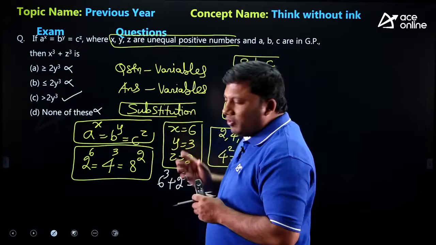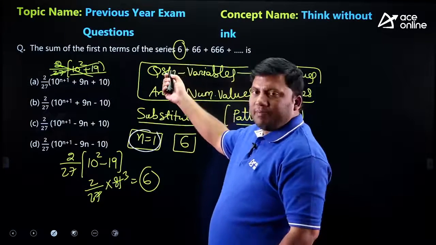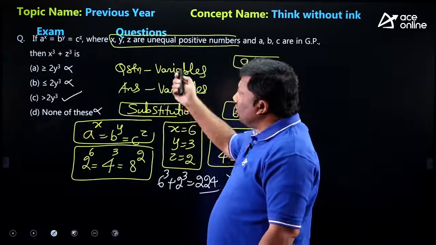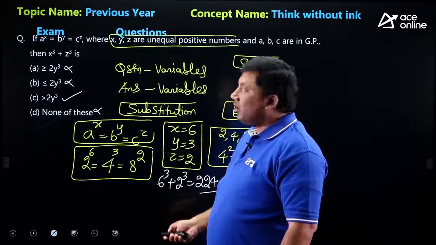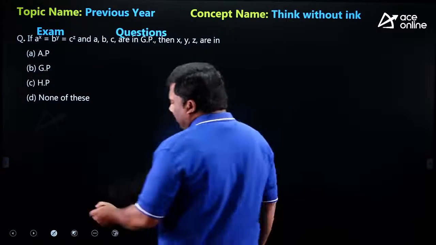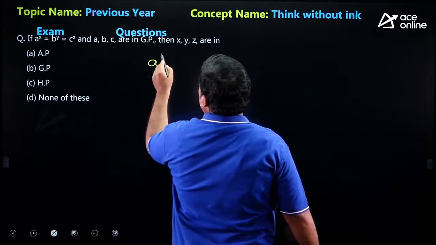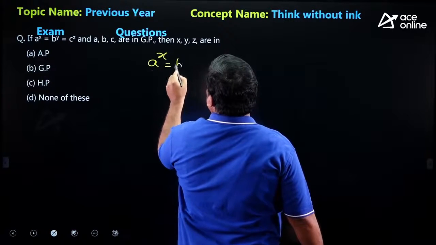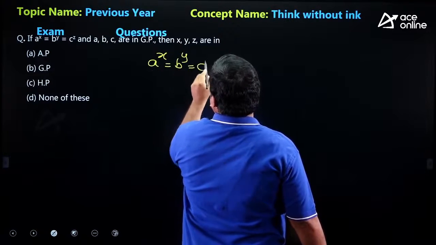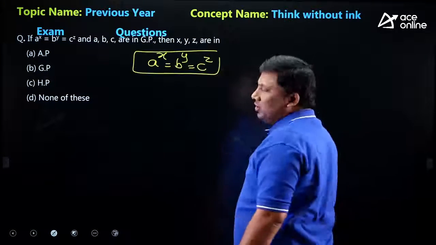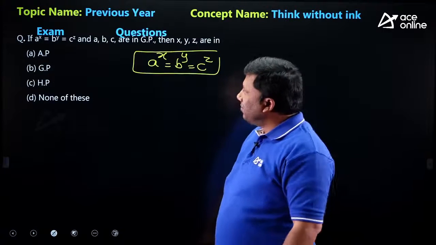Each question, one variety. Question has numerical values, answer has variables. Question has variables, answer also has variables. See here, A power x equivalent to B power y equivalent to C power z.